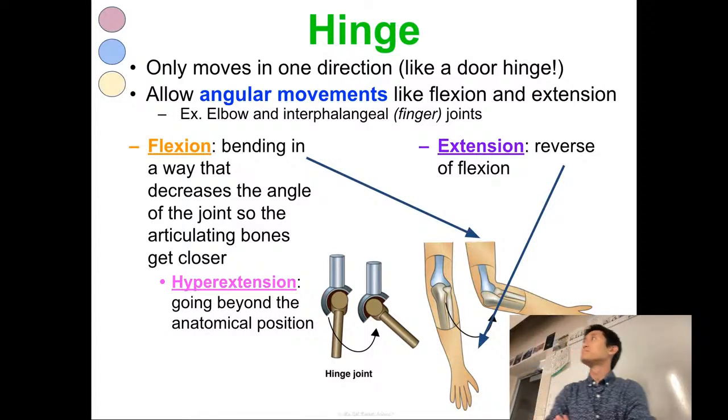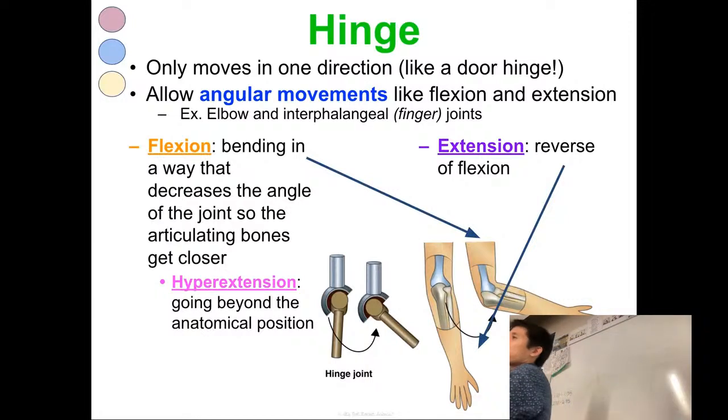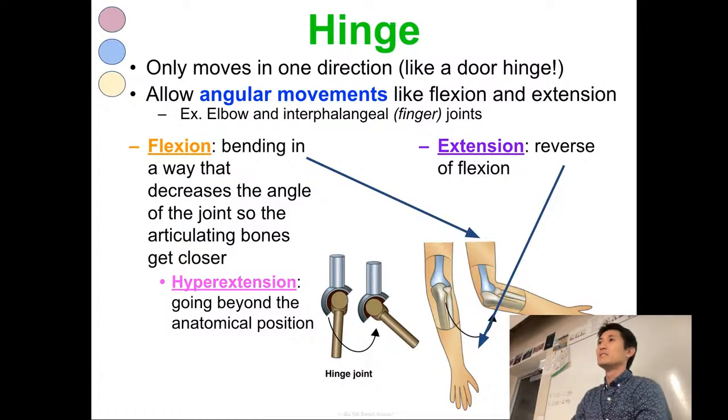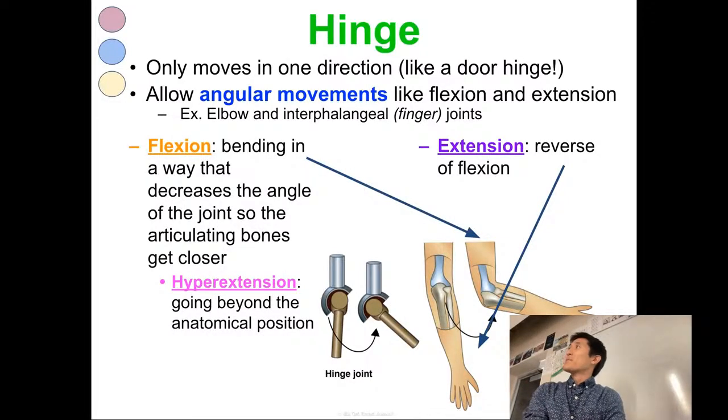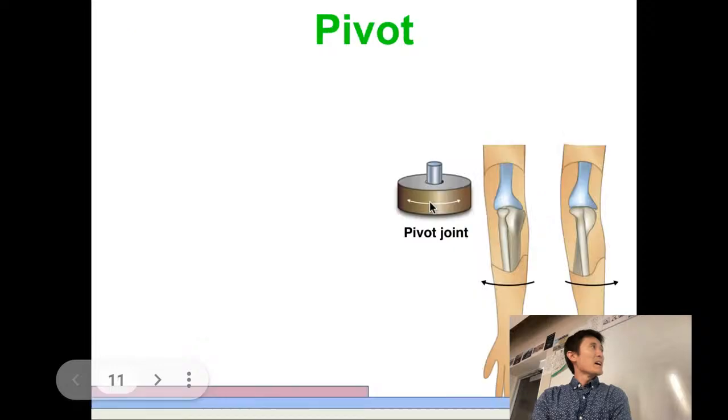About 30 seconds. That should be really easy, right? As long as you know extension, hyperextension is just even more so. Just gliding motion. Okay, finish up in 5, 4, 3, 2, and 1.